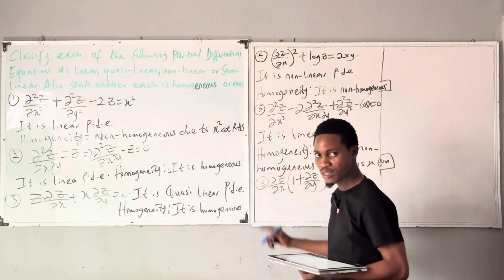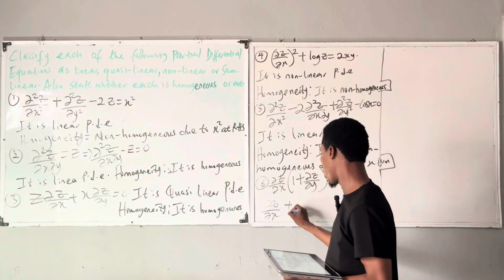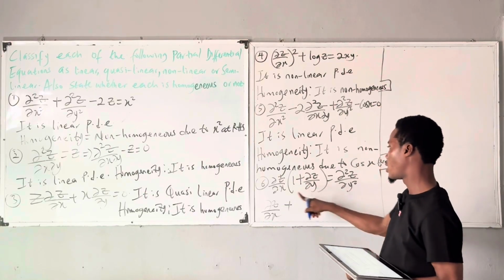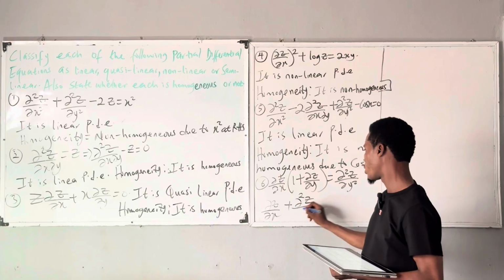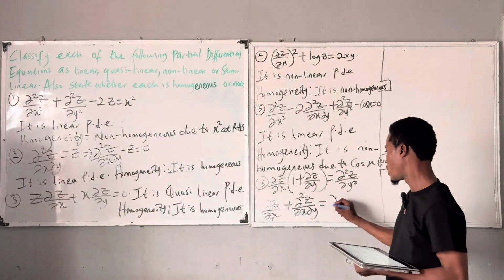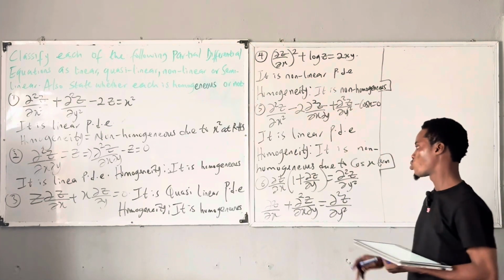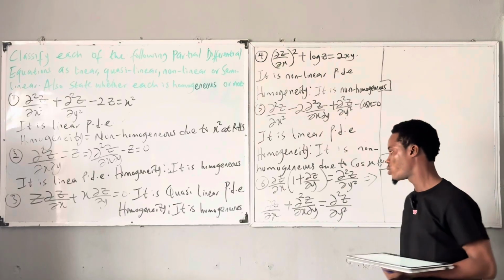Di z over the x times 1, I'm going to have di z all over the x, plus multiplying these terms, I'm going to have di square z all over the x, the y, then it's equal to the square z all over the y square. So I have opened this bracket. This is what we have.